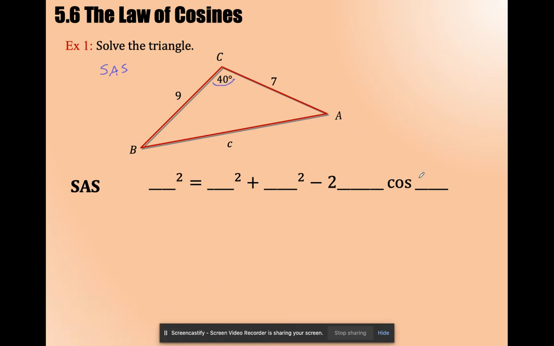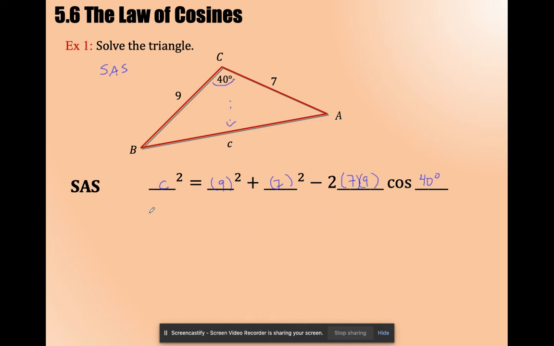The given angle goes here, which means the side across from that given angle goes here. 9 and 7 go here. It doesn't matter the order.